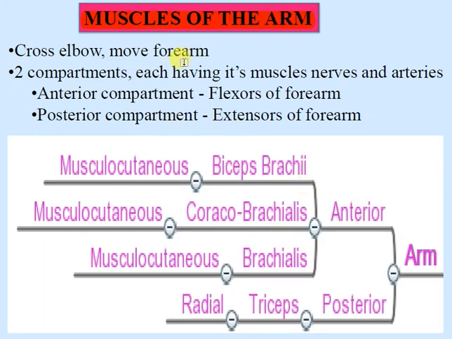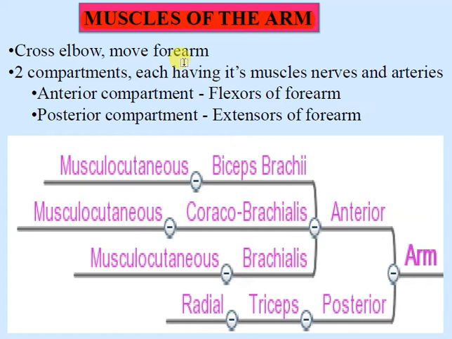So let us go to the muscles of the arm. The arm is simple, it has only 4 muscles. We have the biceps brachii, triceps brachii, then the coracobrachialis and brachialis muscles.